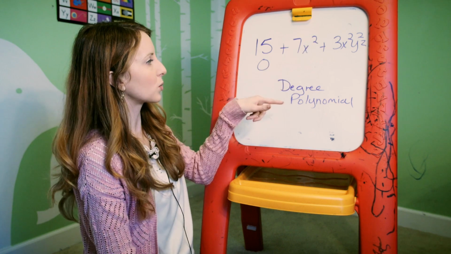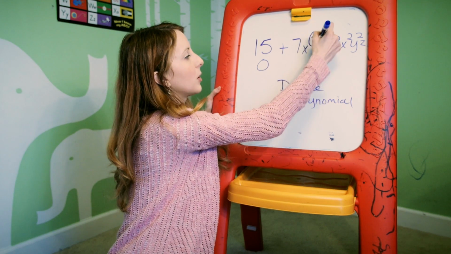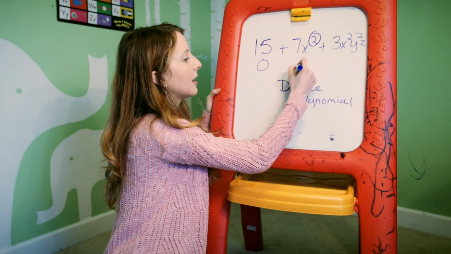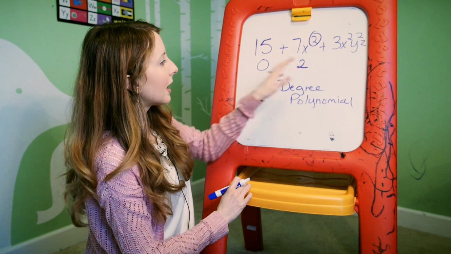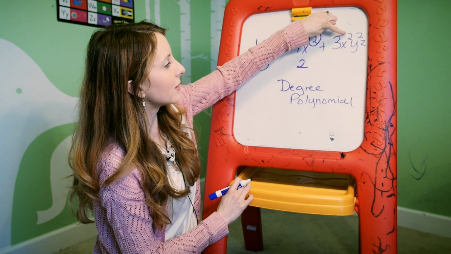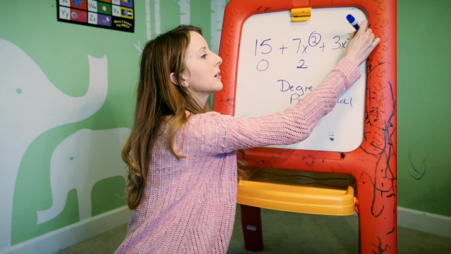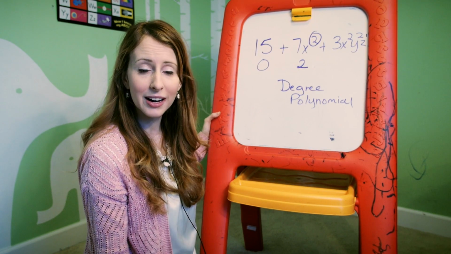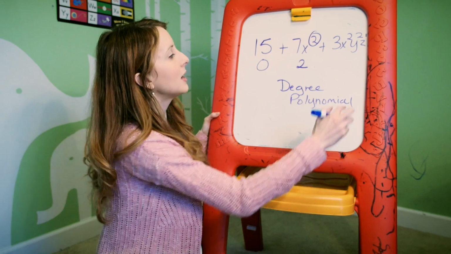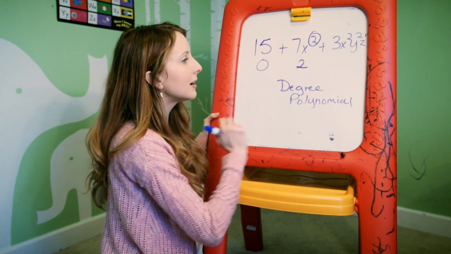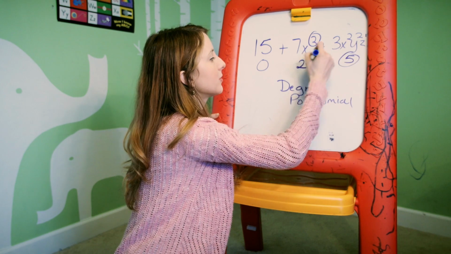Let's look at 7x squared. Well, we count the exponents. It has a degree of 2. Now we go over here, and we have a degree of 2, a degree of 2, and a degree of 1, because of course, remember, when nothing's written there, it's understood to be 1. So we add 2 plus 2 plus 1, and that's a degree of 5.